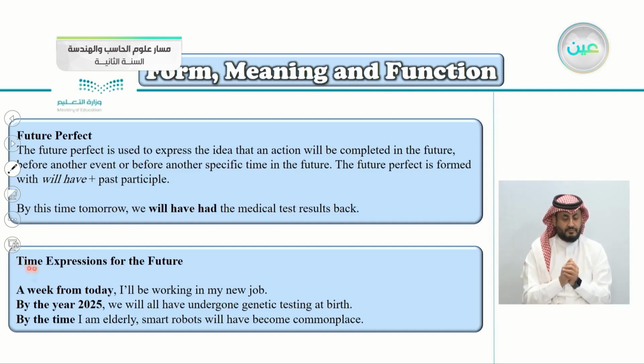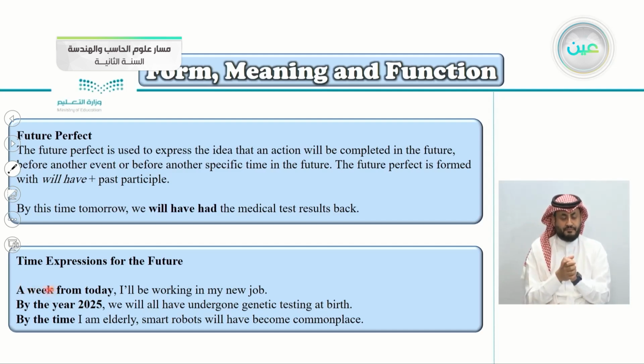Jumping on to time expressions for the future, to express time. But here we're talking about the future. A week from today, I'll be working in my new job. This is the future progressive, of course, but here we're focusing on the expression. A week from today, so count 7 days from today.